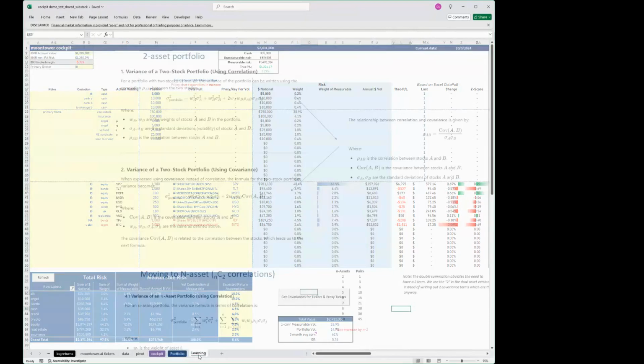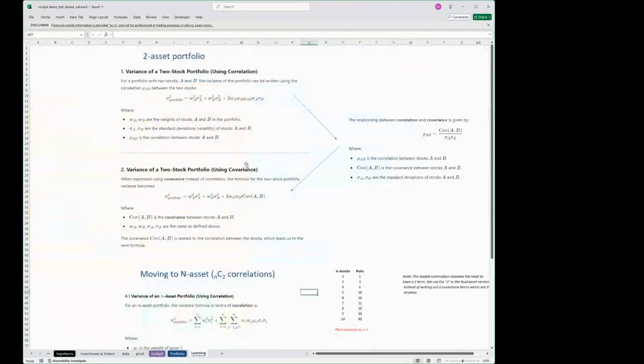We're going to go to this learning page, and when you learn about portfolio vol, you always start with the two stock portfolio because it's easiest. First of all, this is the general formula. You're taking the weight of asset A squared times the vol of asset A squared, which is the same thing as the variance of asset A, vol squared.